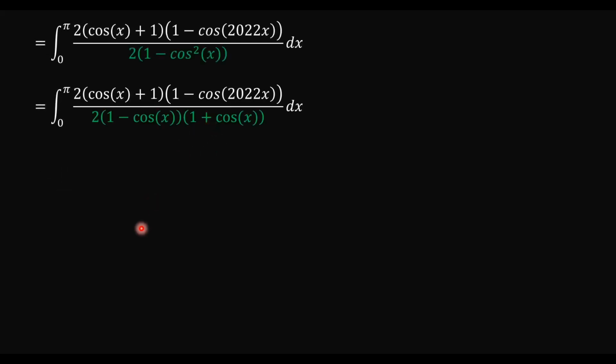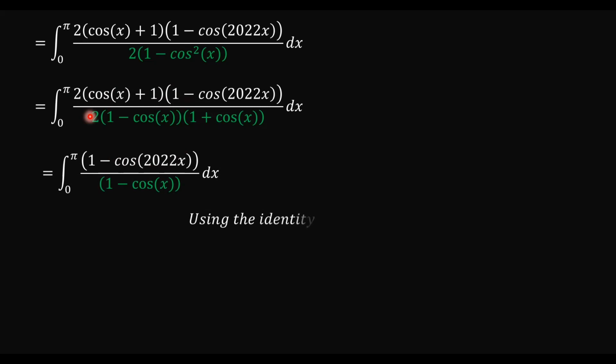We can now cancel out the 1 plus cosine x term at the numerator and also the denominator. So we are left with 1 minus cosine 2022x over 1 minus cosine x. The 2's cancel out.